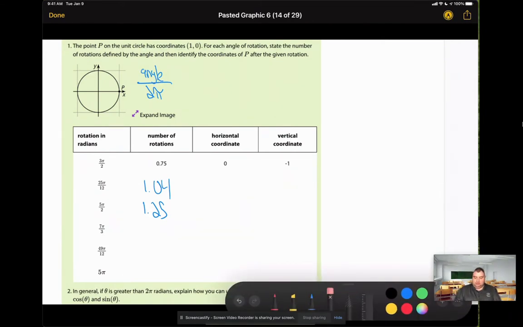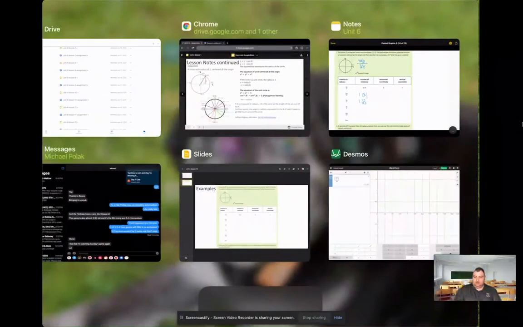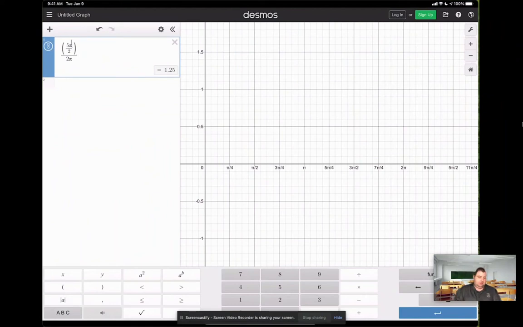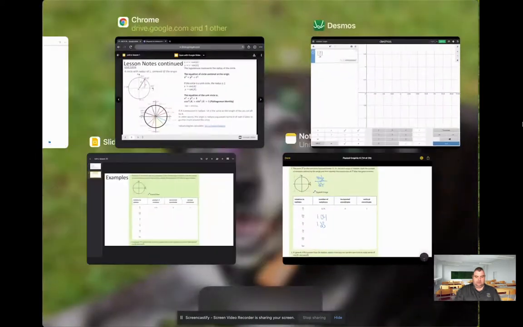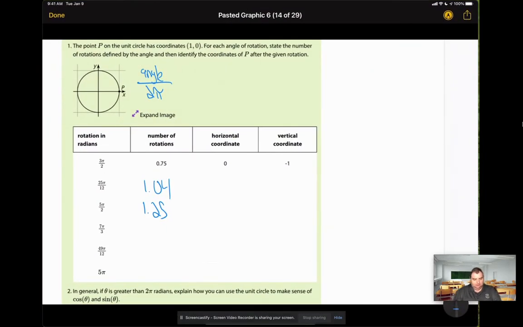All right, so the next one is going to be 7 pi over 3. So in Desmos, I'm going to change this to 7 pi over 3. So we'll call that 1.17 rotations.